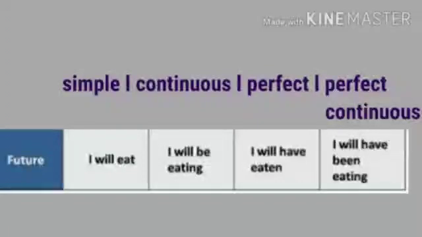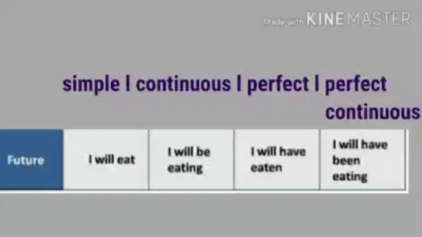Now future perfect, I will have eaten, means the subject plus will or shall plus have plus the V3 form of the verb. So it becomes I will have eaten.